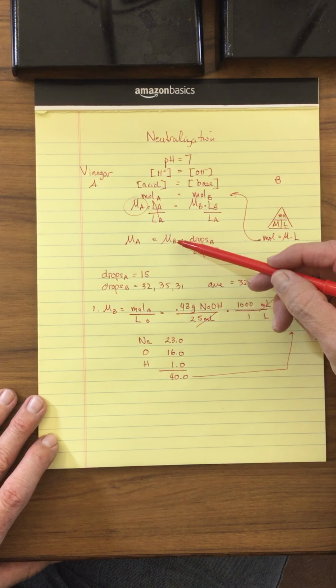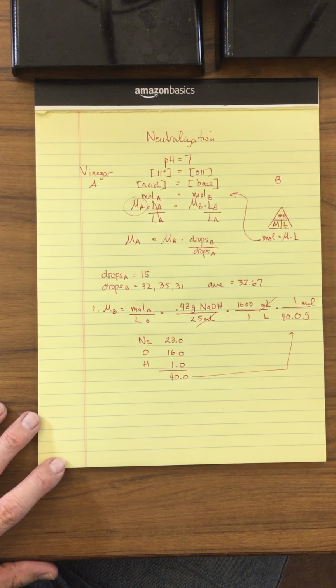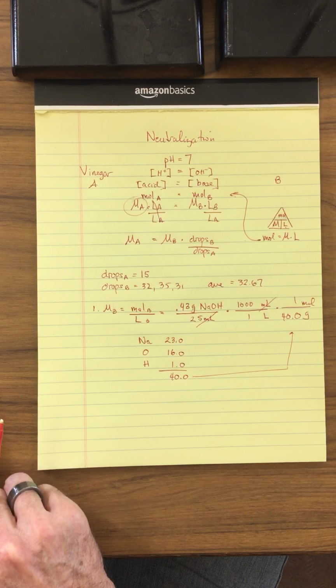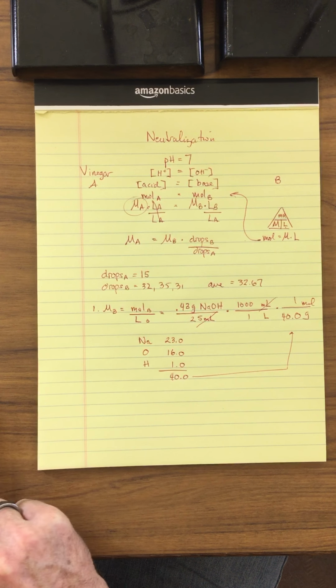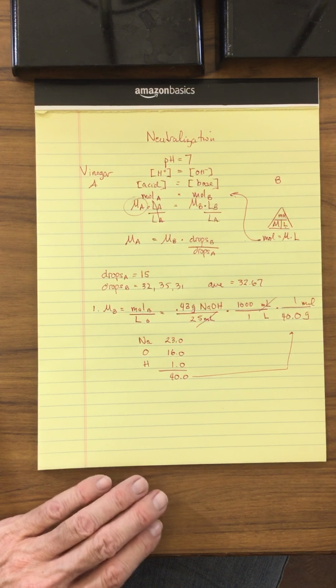So again, we're trying to determine the concentration of my base that was inside my beaker. If I take 0.43, multiply it by 1,000, and divide it by 25 and 40, it's really interesting.